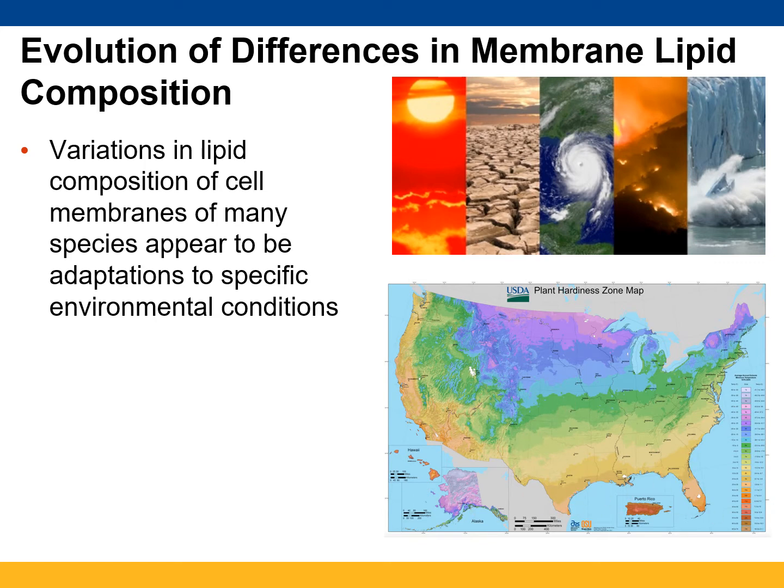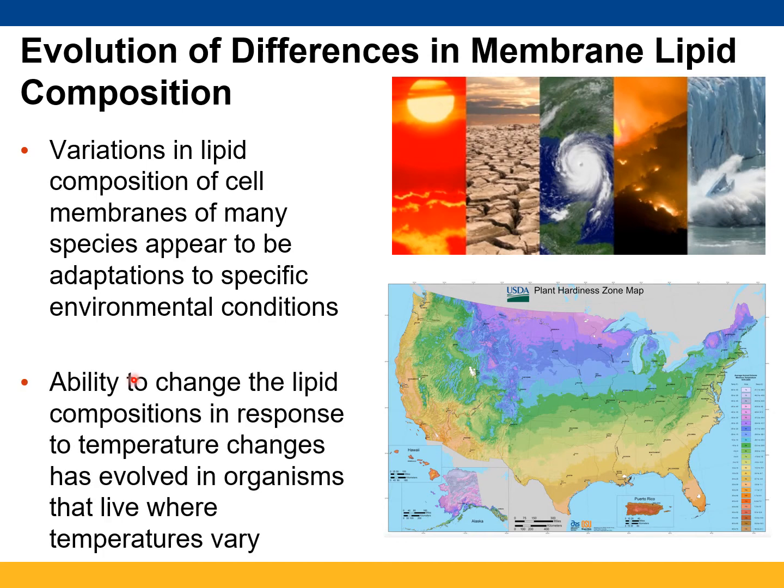A big part of it has to do with the constituency of the plasma membranes of those plants and, by extension, animals. And that's a big issue when it comes to climate change. Too much change too rapidly, and animals and plants can't adapt quickly enough to meet the environmental needs that they face in the area where they live.